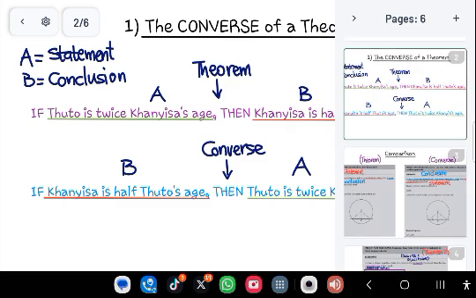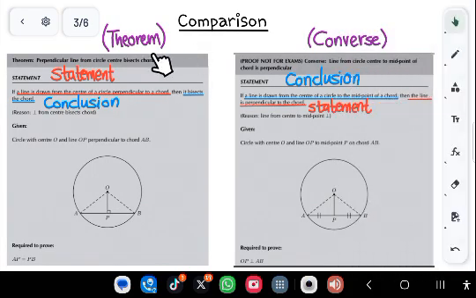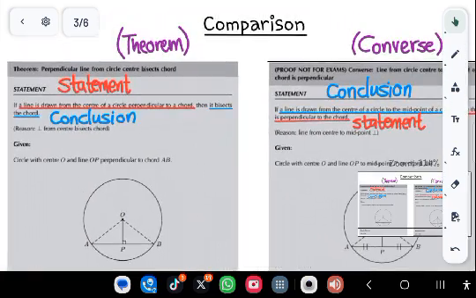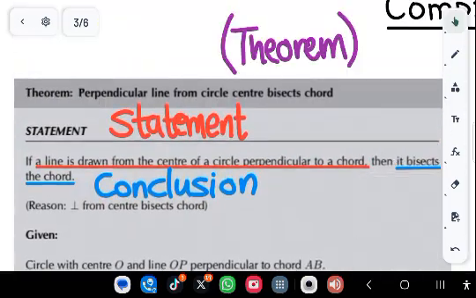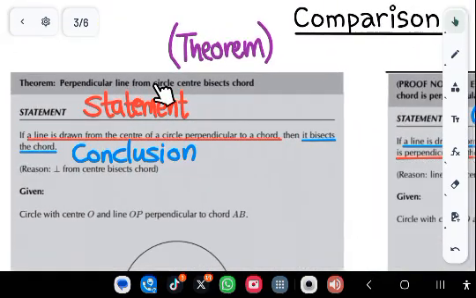Now let's look at the theorem and the converse. Remember, the theorem is theorem 1 we did in the first video. We're comparing because that is the theorem, and the theorem we're now busy with, theorem number 2, is actually the converse of the first theorem. How do they compare? Let's take it back to theorem 1: perpendicular line from circle center bisects chord.